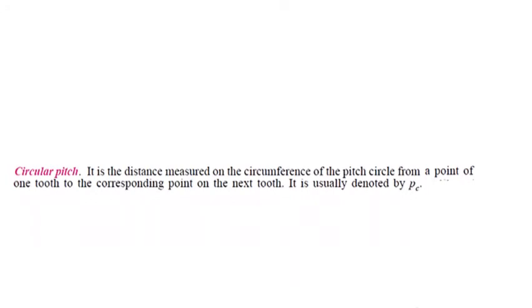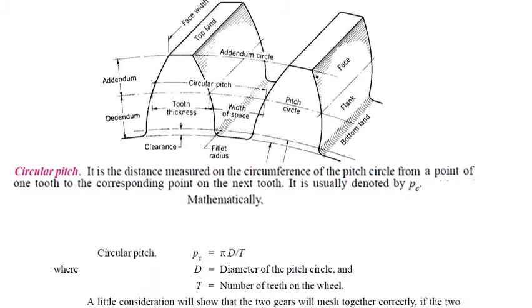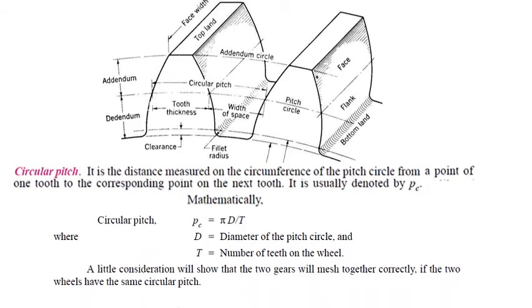Next one, circular pitch. So what do you mean by circular pitch? It is the distance measured along the circumference of the pitch circle from a point on one tooth to a corresponding point on the adjacent tooth, and it is denoted by PC. Mathematically it can be written as PC equals pi into D divided by T. D represents the diameter of the pitch circle, T represents the number of teeth on a wheel.